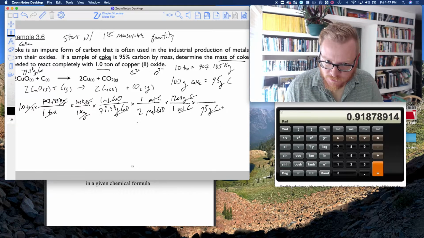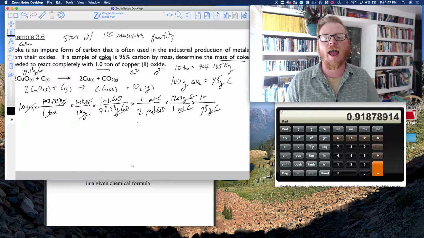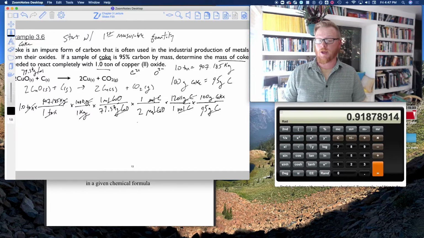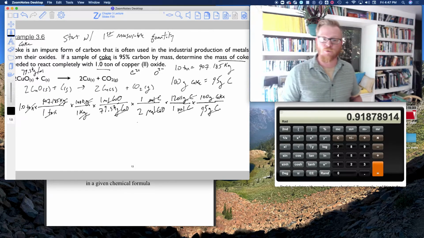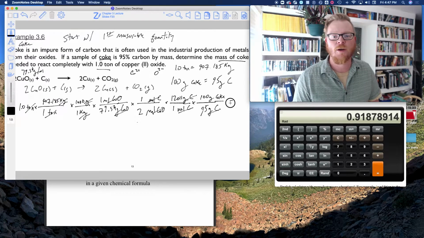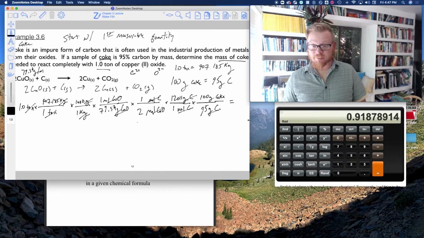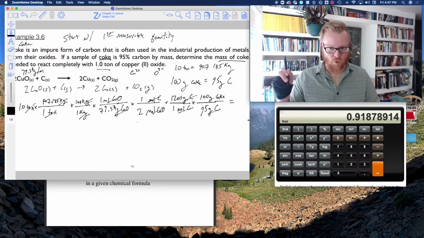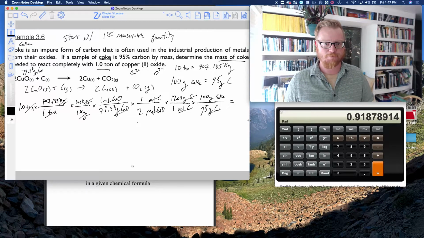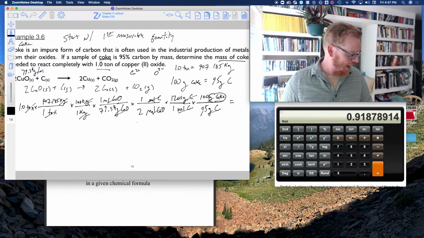Grams of carbon cancels grams of carbon. Then I have 100 grams of coke, okay? That's hard. I realize that's challenging, and a lot of you are going to get stuck on this. If you get stuck on this, come talk to me. We'll work through it, okay? Practice makes perfect. And now I've canceled everything. The final unit I have left here is grams of coke, and that's what I was asked for.